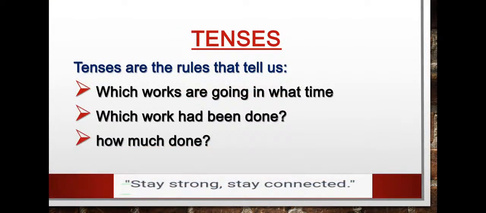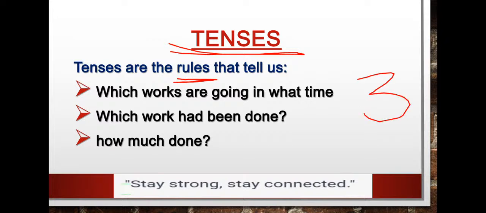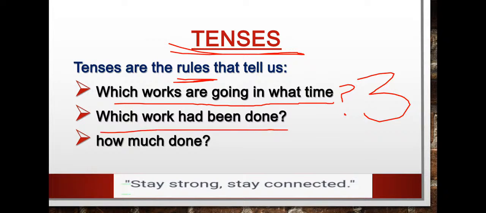Bismillah ar-Rahman ar-Rahim. What is tenses? The word tenses came from another word, tense, that means the duration, the system. But here we are going to define tenses as the rules that tell us about three different things: which work is going on at what time, which work had been done, and how much is done.